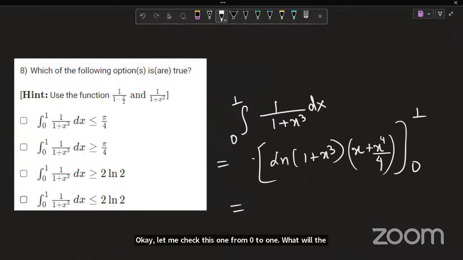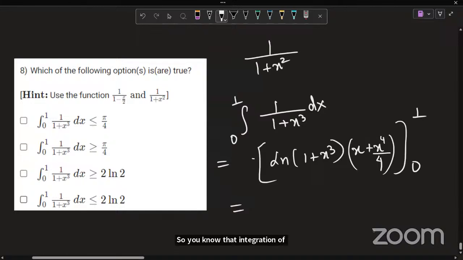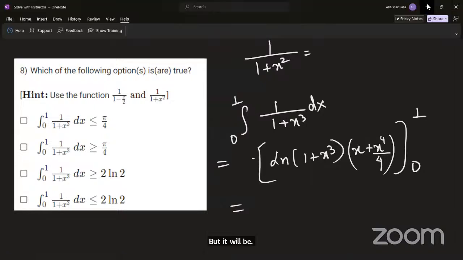To find the area of this function, we can use this one. You just have to integrate this and get the value. You know the integration of 1 plus x squared is tan inverse x. So should we use partial integration in this problem?